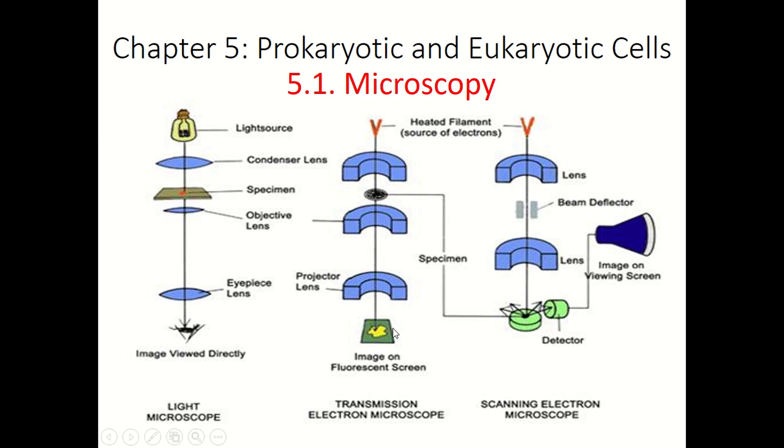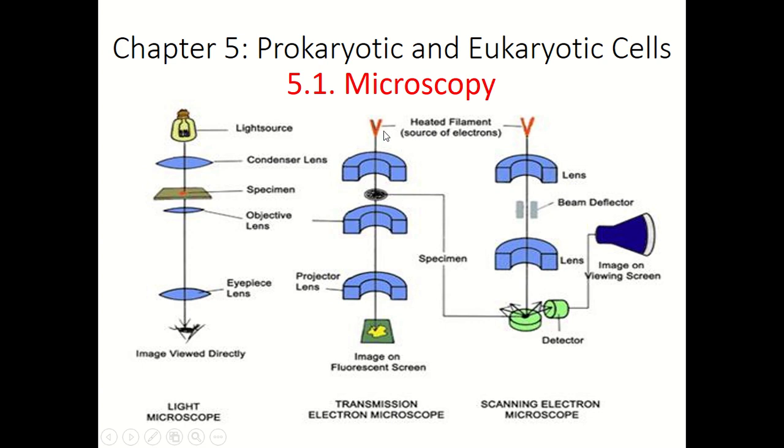So again, let's look at the two types of microscope that I mentioned earlier: the light microscope and the electron microscope. There are two types of electron microscope, the transmission electron microscope, or TEM, and the scanning electron microscope, SEM. For the light microscope, they use a light source that passes through the specimen.